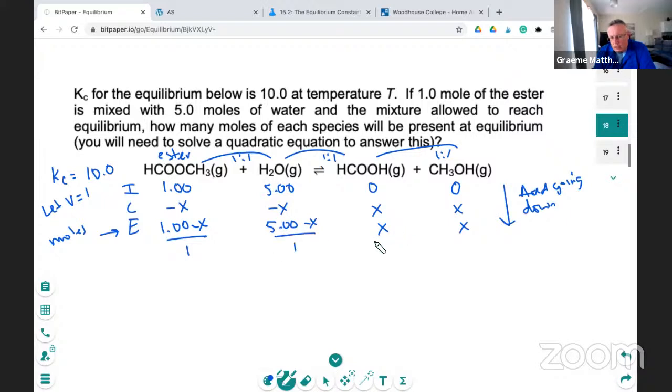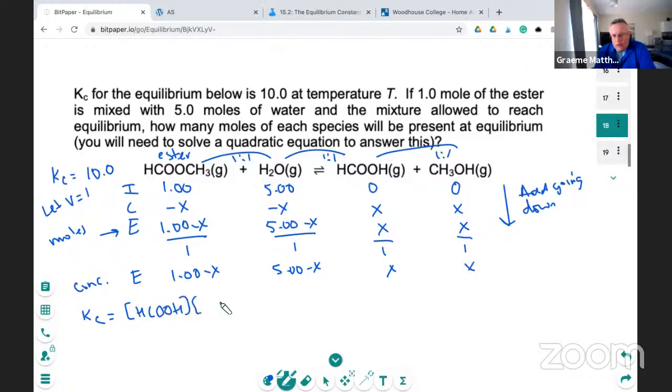Divide everything through by 1, and now I've got my equilibrium in concentration. Just because it's 1, it's going to be 1 minus x and 5 minus x, and x and x. I've got to write down my expression for Kc. So Kc is going to be products. Here's my acid, here's my alcohol, and here's my ester.